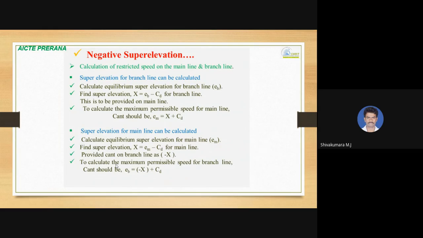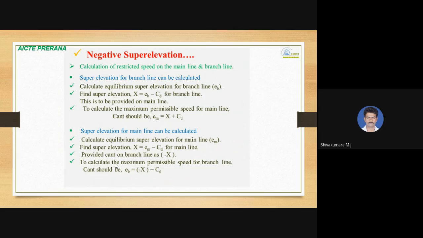When it comes to the branch line, first we have to calculate the equilibrium superelevation for the branch line. That notation you can give as E suffix B. And superelevation can be found out by deducting the cant deficiency from this equilibrium cant. So EB minus CD will give you the superelevation.